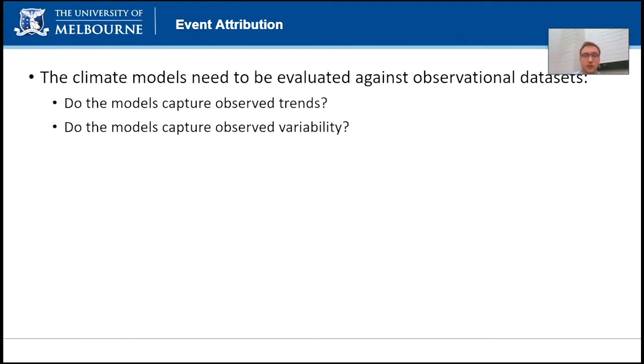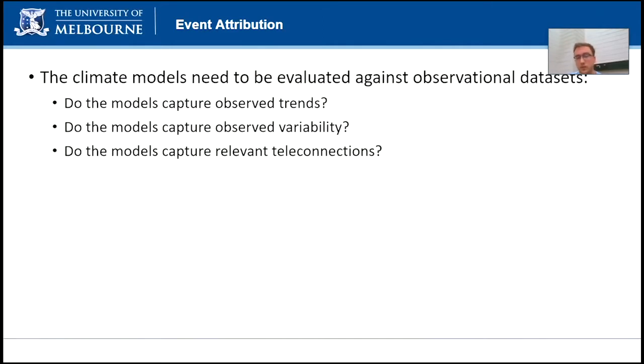We'd also hope that the models capture observed variability as well. If a model has too much climate variability for a particular variable, then it might skew the attribution result, because the distribution we're looking at might just be too wide, for example.